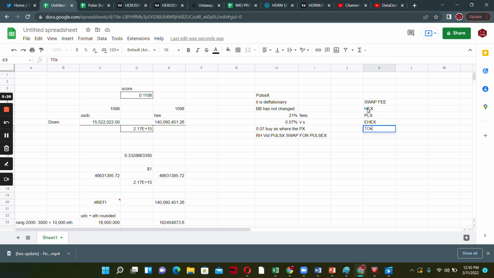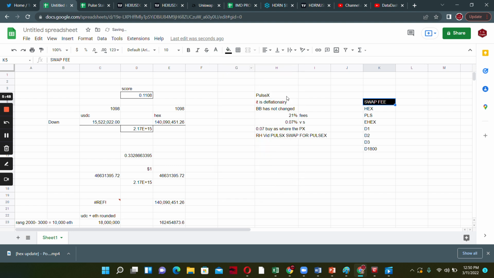Doggy coin 1, doggy coin 2, doggy coin 3, doggy coin 1800, all through those. Whatever the swap fee is here, let's make sure it's important. Everyone's paying attention to it.